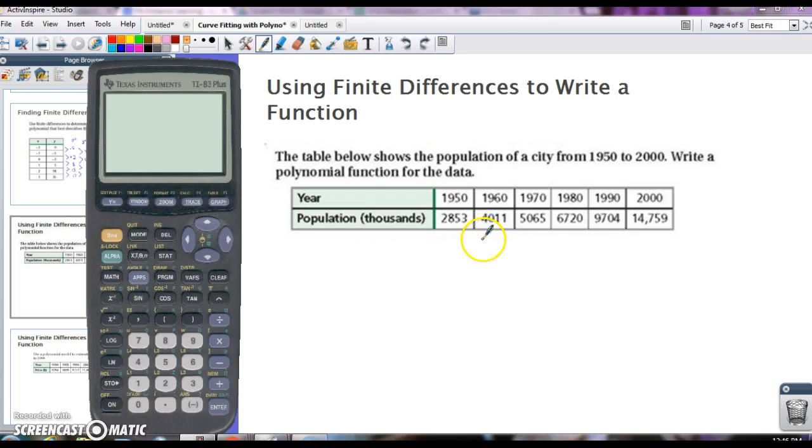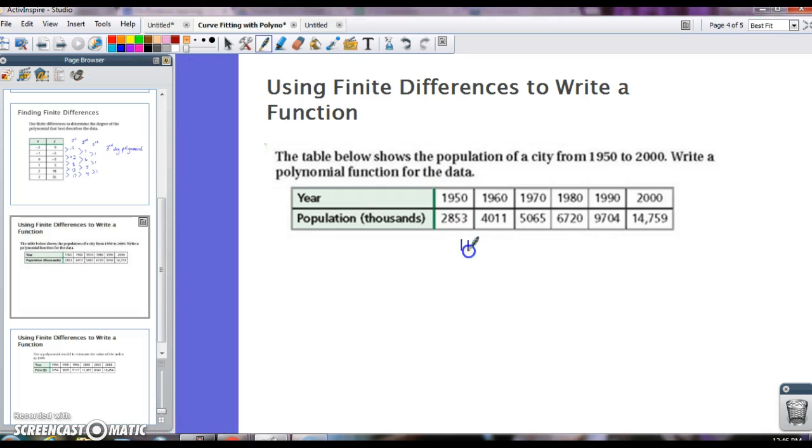If I take the difference here, I end up with 1158, 1054, 1655, 2984.